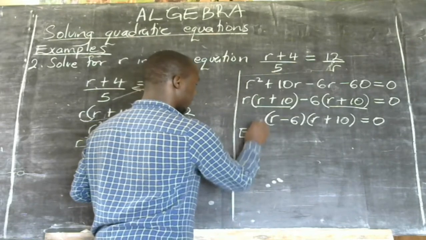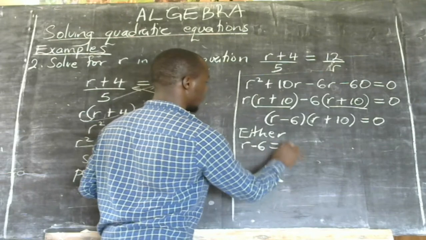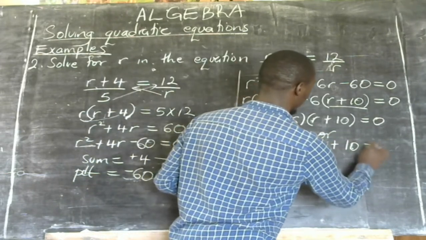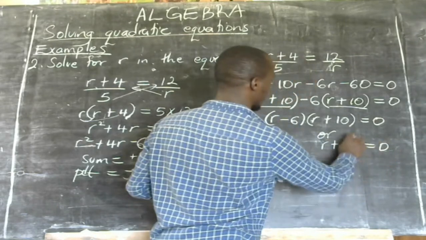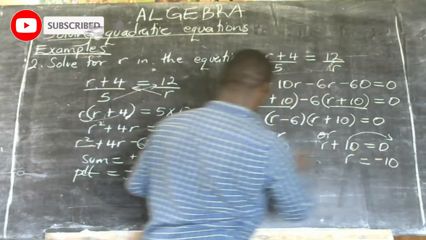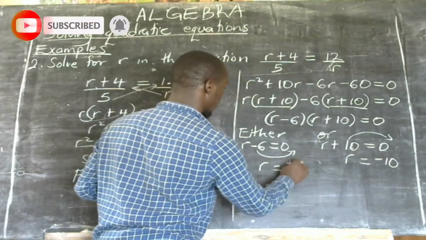Either r minus 6 is equal to 0 or r plus 10 is equal to 0. Take 10 the other side, the value of r there is negative 10. I take negative 6 the other side, the value of r there is positive 6.